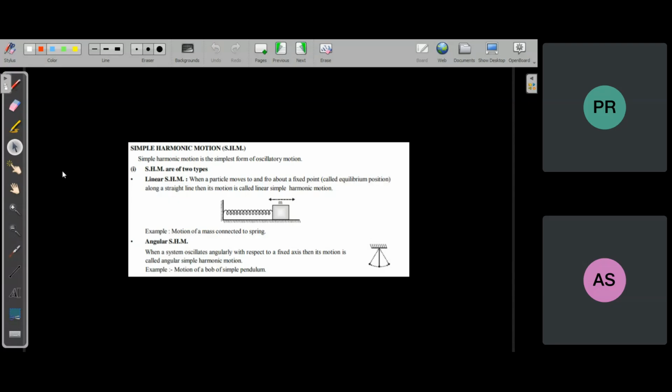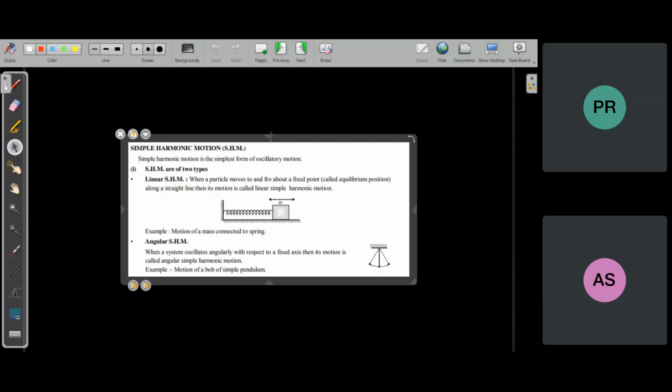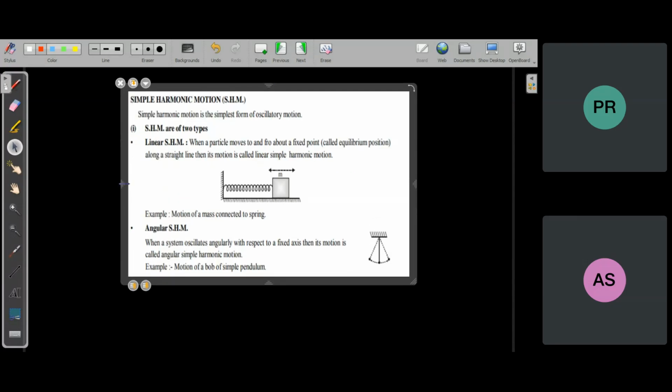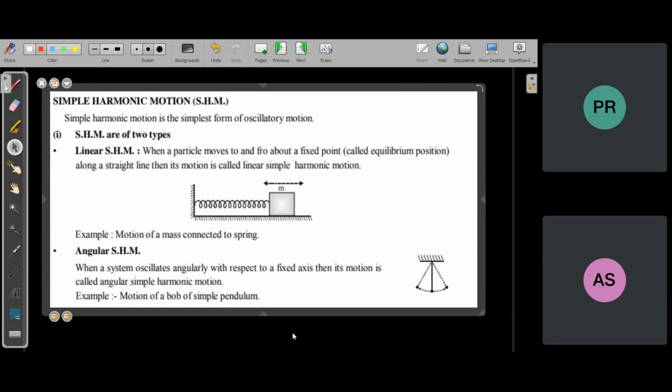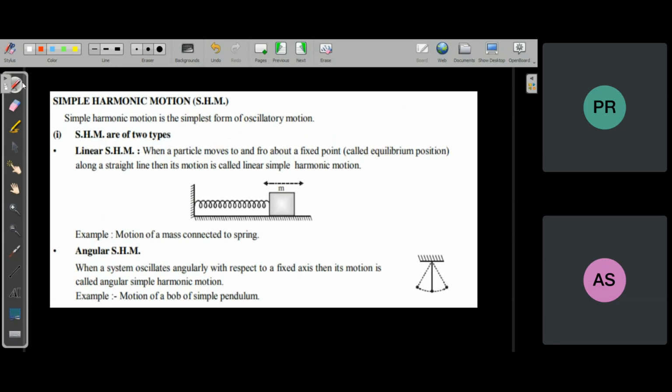So yesterday we discussed simple harmonic motion (SHM). Now here you can see that there are basically two types of SHM. First is linear SHM and second is angular SHM. Now what is linear SHM?